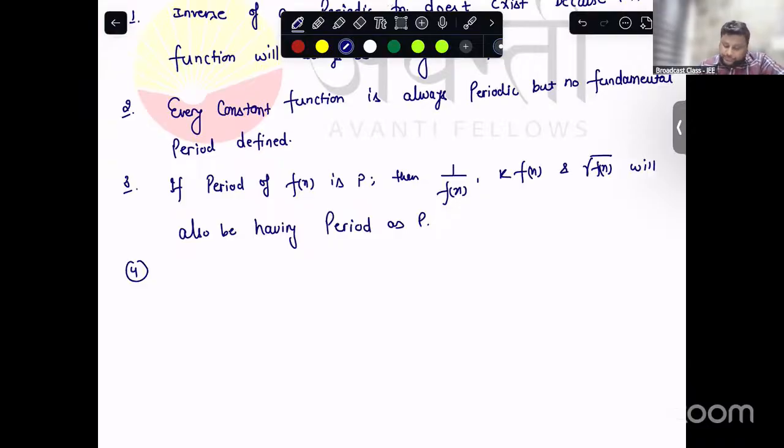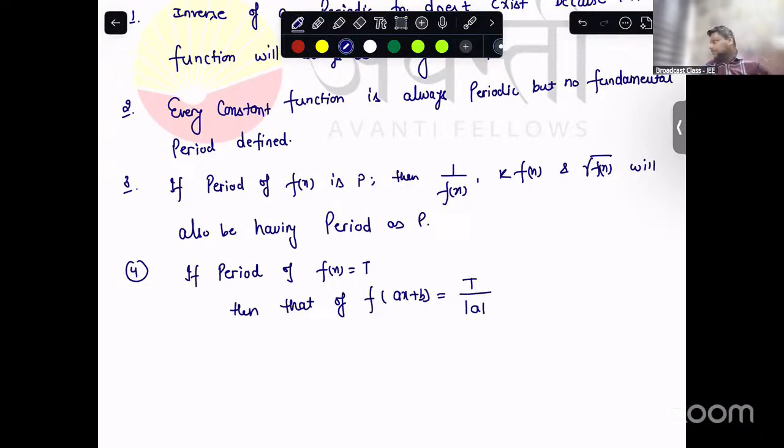Now, if the period of f(x) is T, then that of f(ax plus b) is T by mod a.